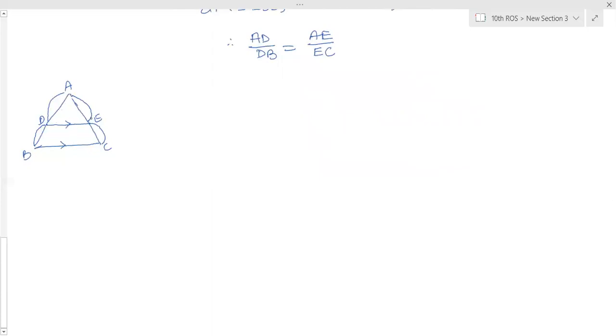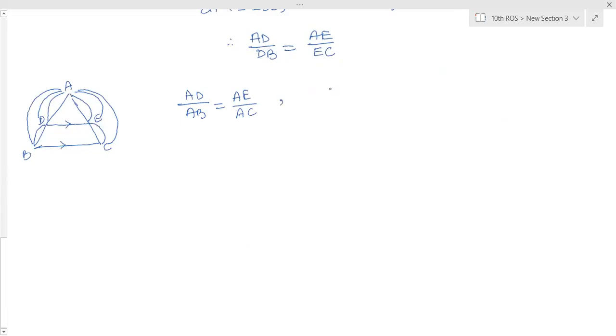After that you can also prove AD by the whole side AB is equal to AE by AC. If you take the upper part AD, then the upper part on this side is AE, and AB is the full side, so the corresponding side is AC. So AD by AB is also equal to AE by AC.